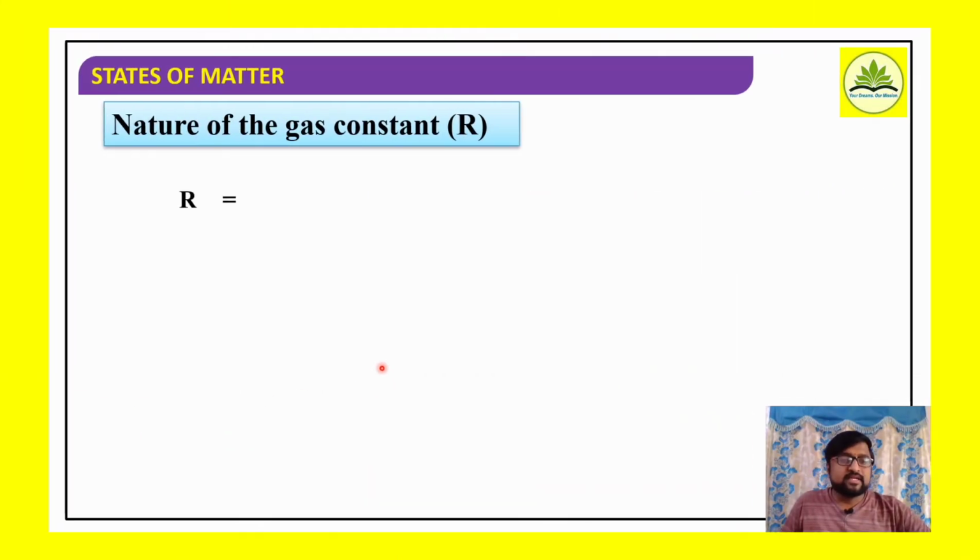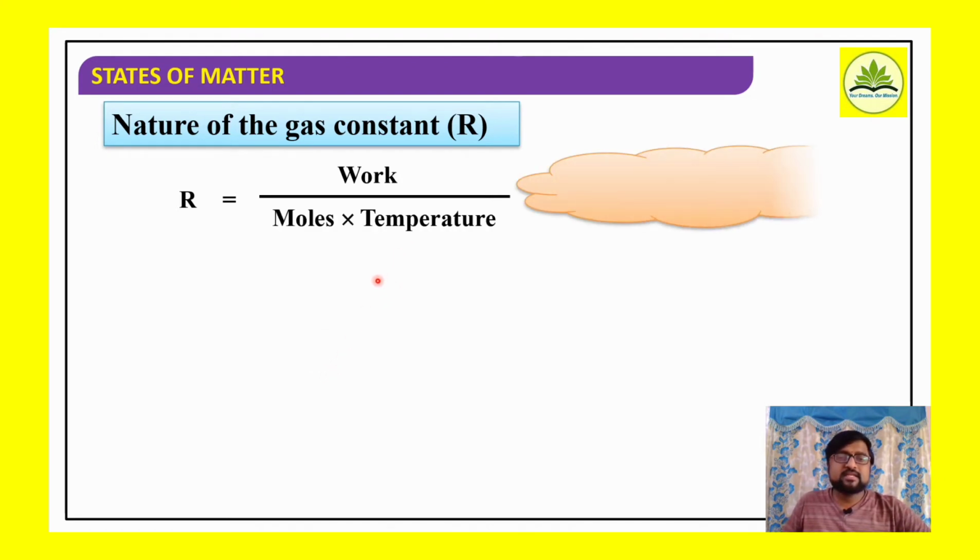Further, see here, force into length: what is it? The product of force into length is nothing but work done, or I can even say energy. Therefore instead of writing force into length, we write work divided by moles into temperature.